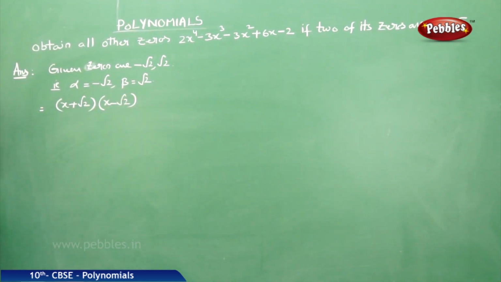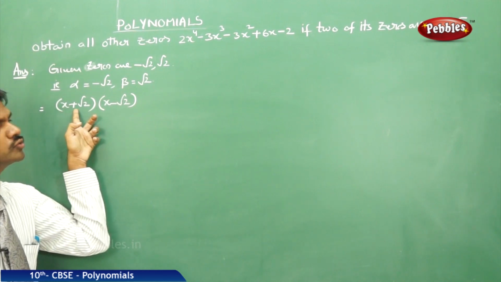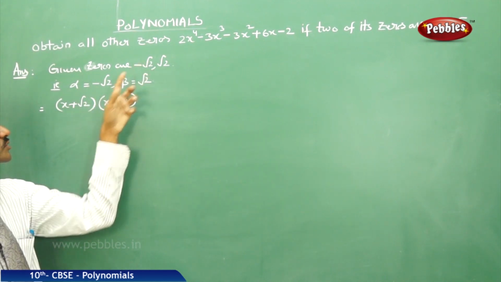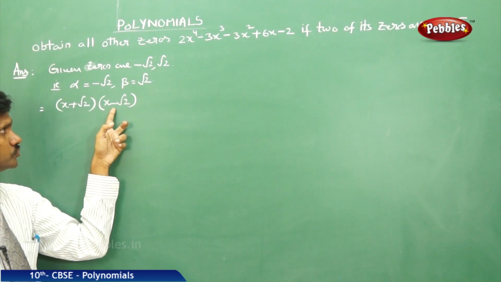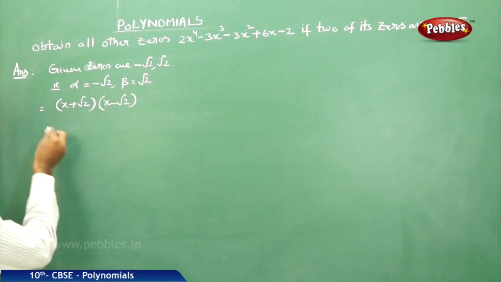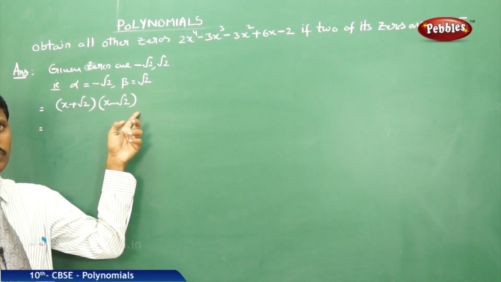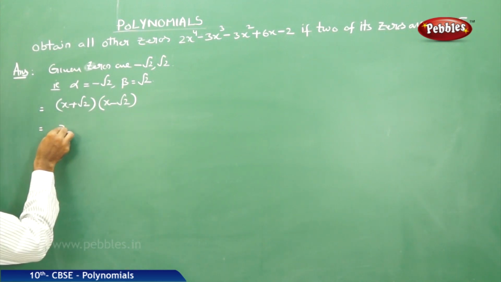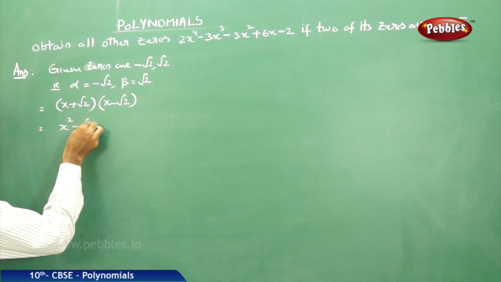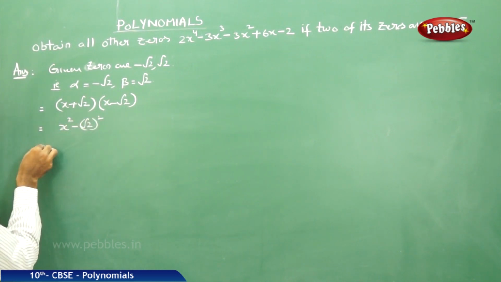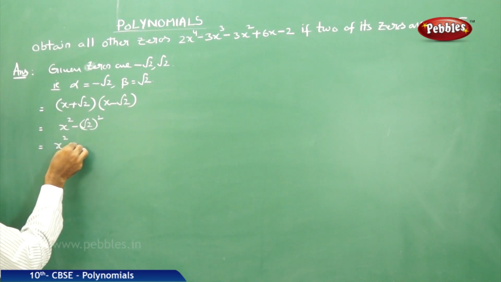Now you can check yourself: the zero of x plus root 2 is minus root 2, the zero of x minus root 2 is root 2. Now this is of the form a plus b into a minus b, that will give you a square minus b square. x square minus root 2 whole square is equal to x square minus 2.